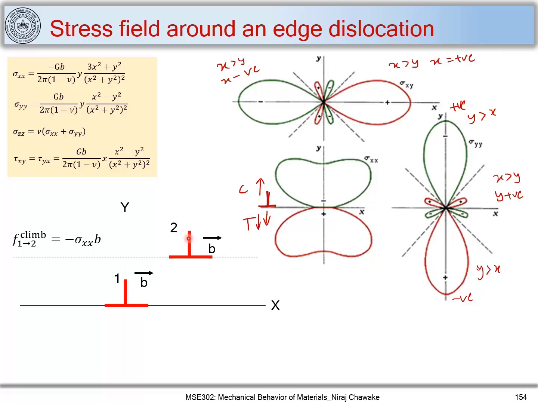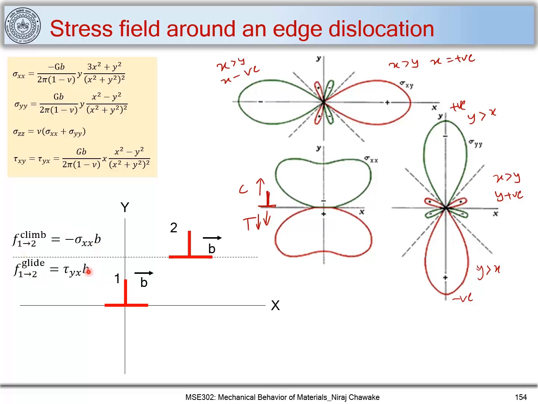So what will be the climb force? It will be minus sigma xx into b. Similarly, you can find out a glide force. You have shear stress acting on this glide plane, which is marked here, and let's consider that to be tau yx, and the glide force can be written as tau yx into b.